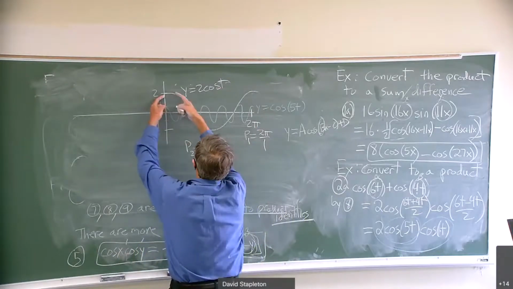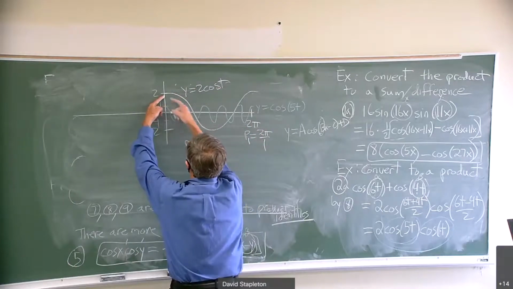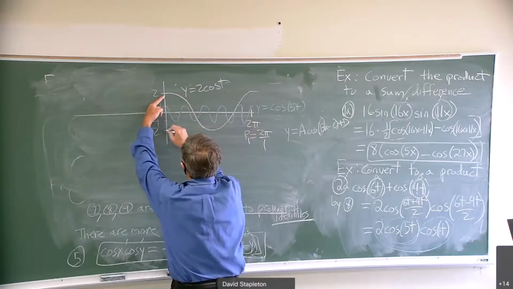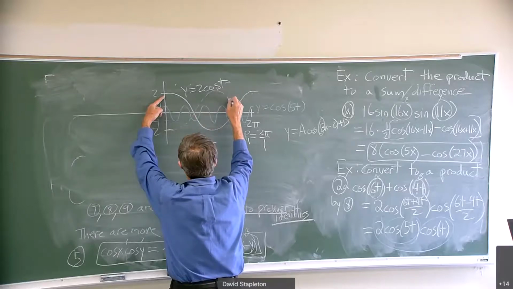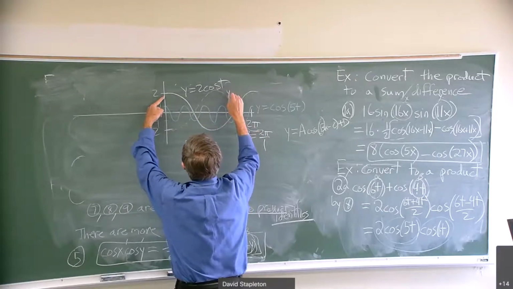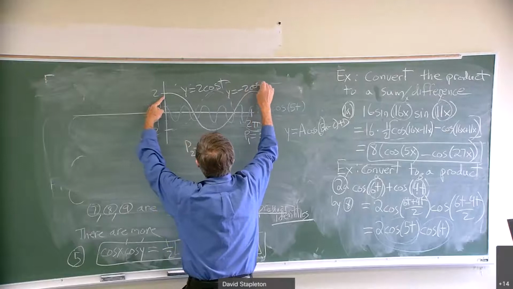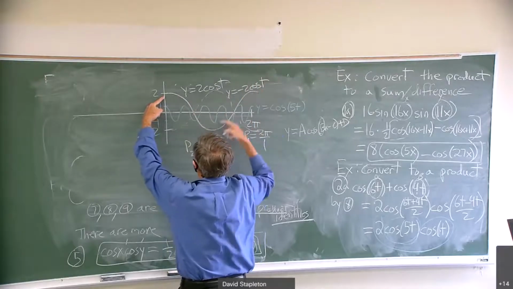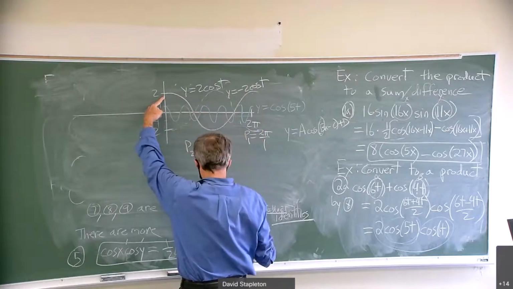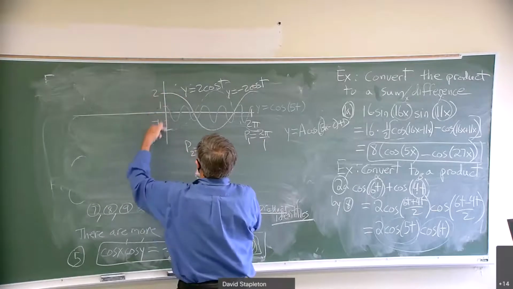Here's y equals 2 cosine t, and here's minus that function, y equals minus 2 cosine t. And the product of this one with the one that goes between plus and minus 1 must oscillate between plus and minus 2 cosine t.